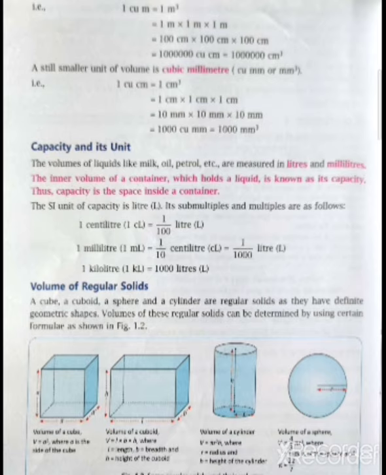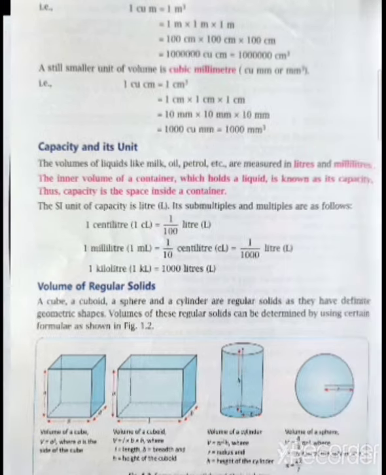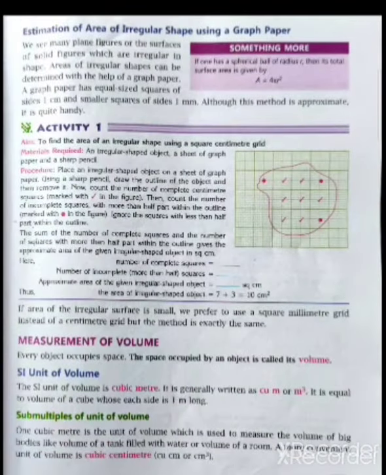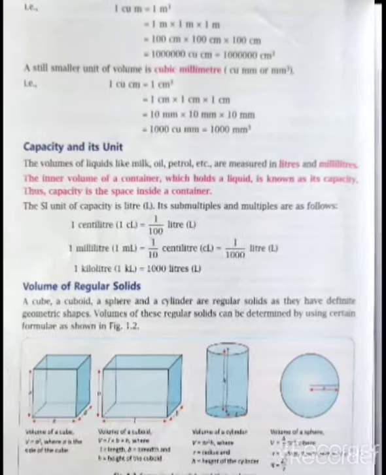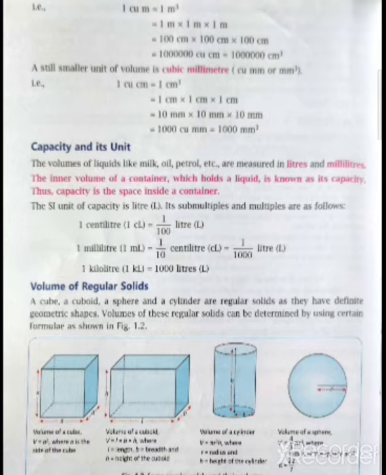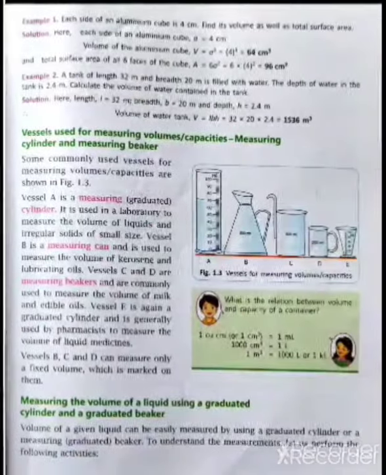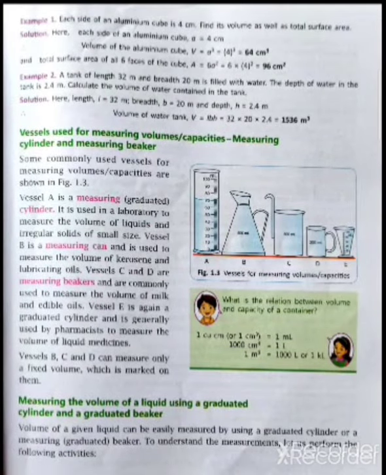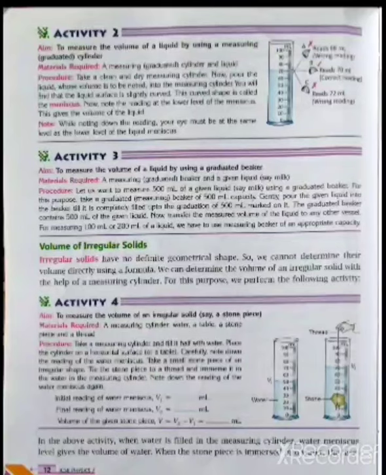So students, in this class you have learned about the measurement of volume and volume of regular solids as well as the volume of irregular solids by performing the activities.